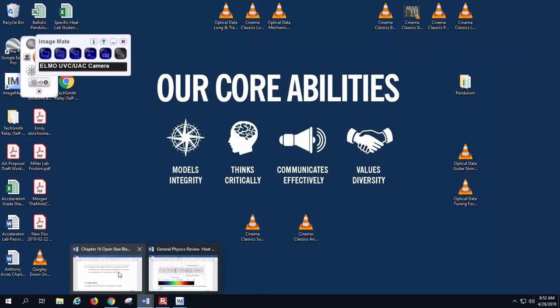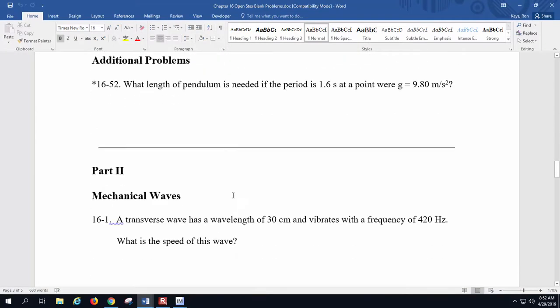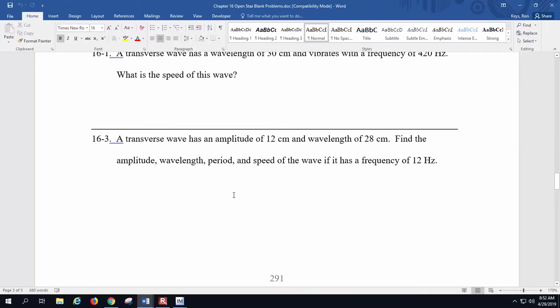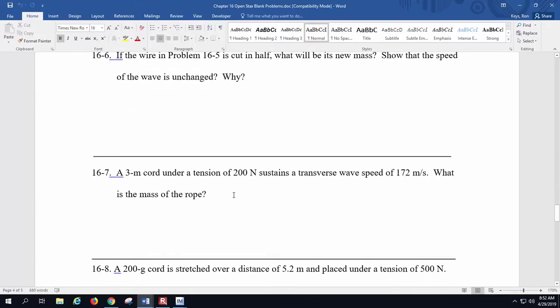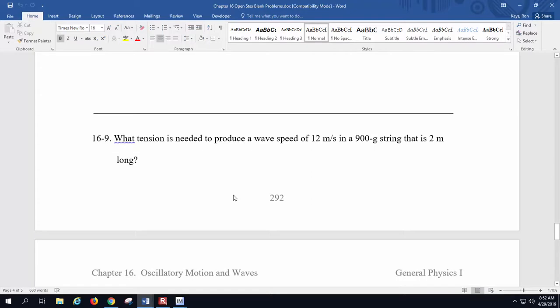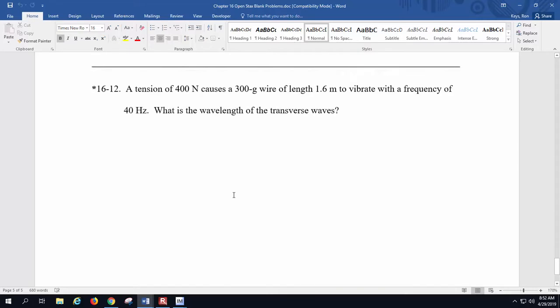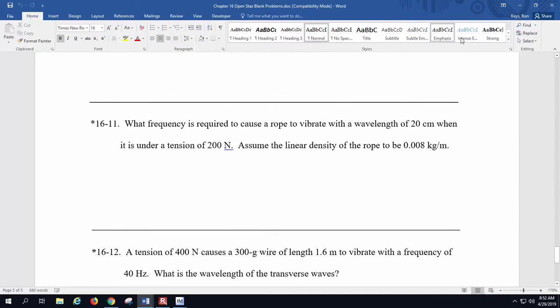Okay, let's see what you can do for homework. Here's pendulum problems. Looks like we can finish 16 problems, because we're done with 16.